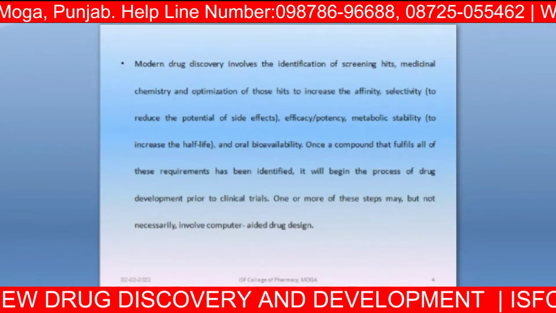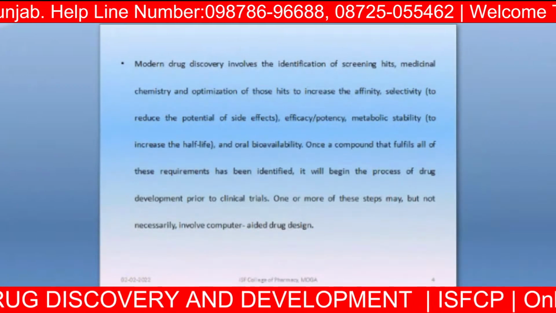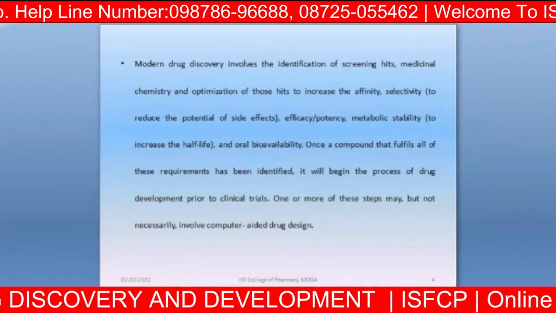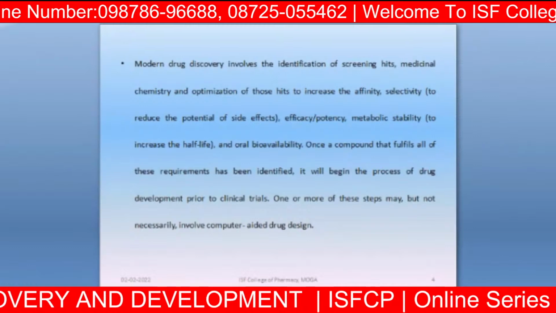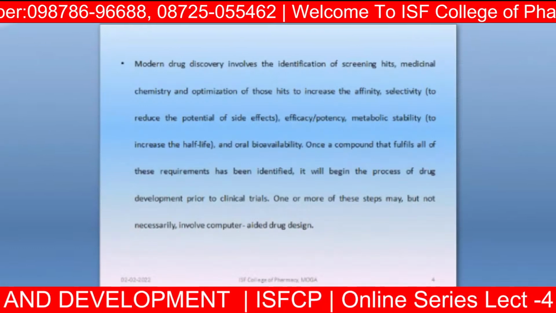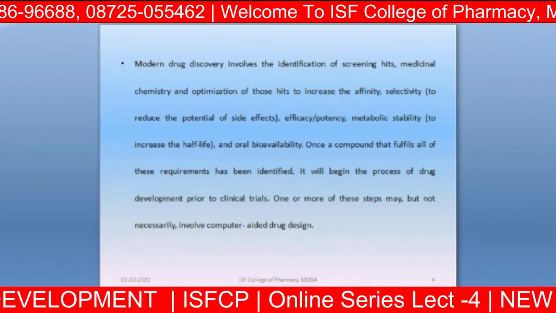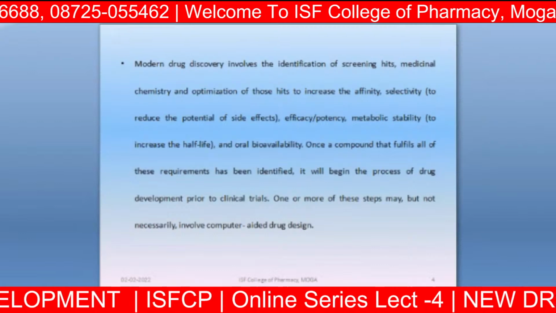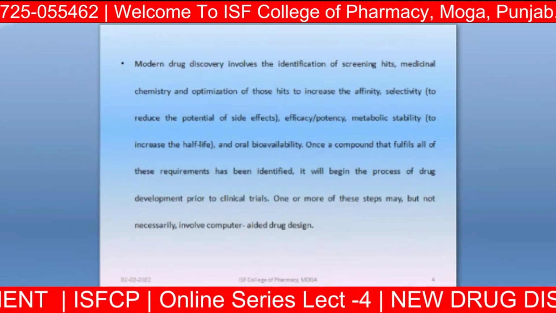So CADD is also there. What is CADD? As we discussed in the previous one about the screening hit, we took the example of 100 molecules initially, but from their selectivity and action, we can identify the better one for further proceeding.